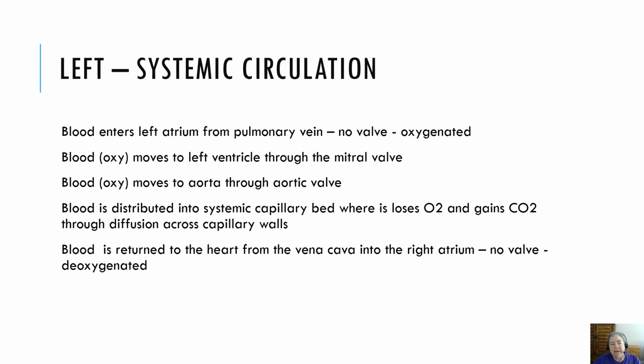So the oxygenated blood in the left atrium flows through a valve into the left ventricle, and that valve is called the mitral valve. Once the left ventricle is full and electrical activity causes it to start to contract, the mitral valve closes and the blood is ejected through a valve called the aortic valve into the aorta.